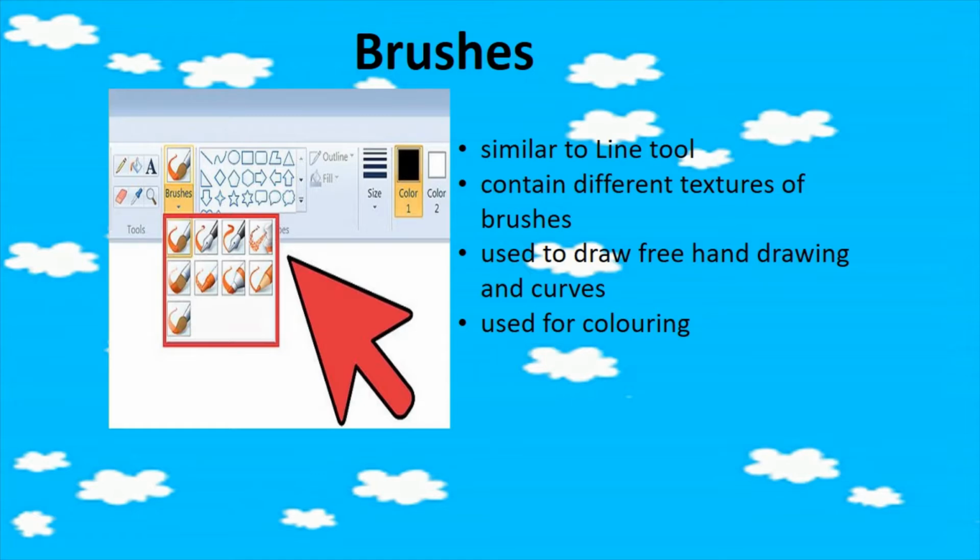When you click on the brushes tool, different options of brushes appear on your monitor screen, and you can choose any option according to your drawing from this list. Brushes tools are used to draw freehand drawings and curves, and they are also used for coloring.